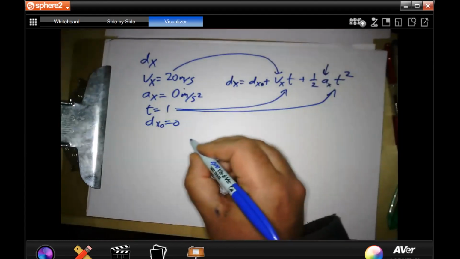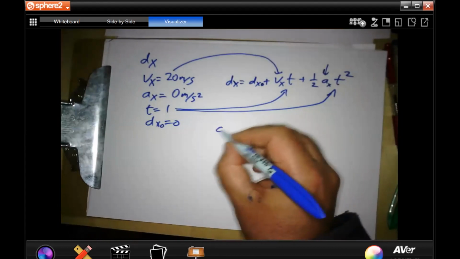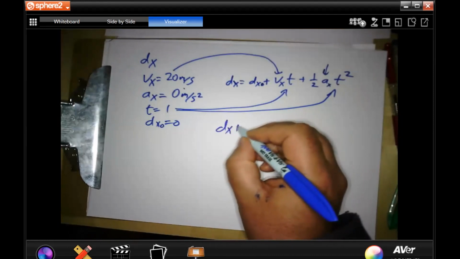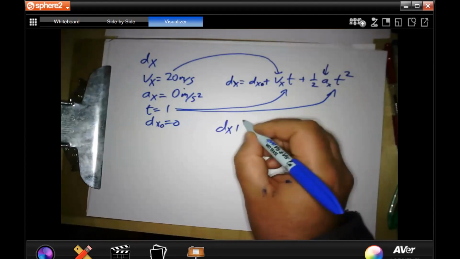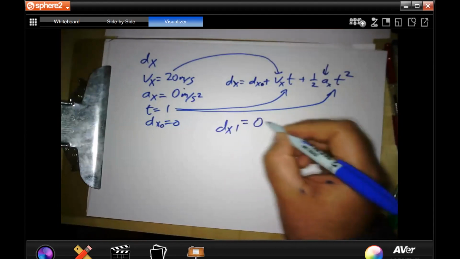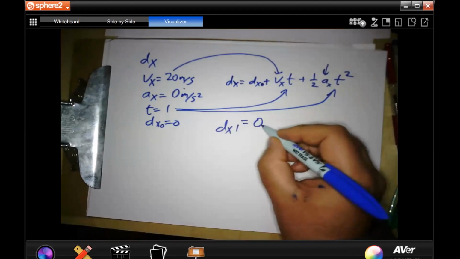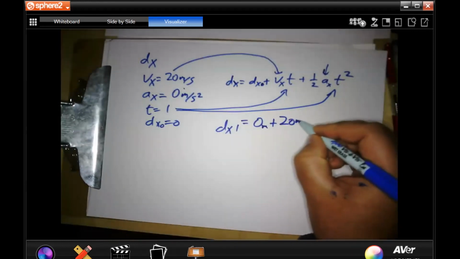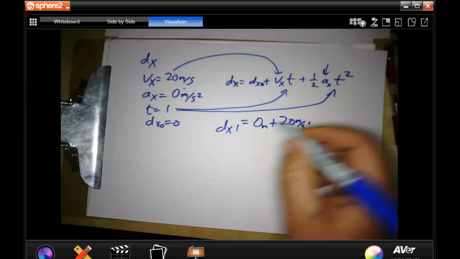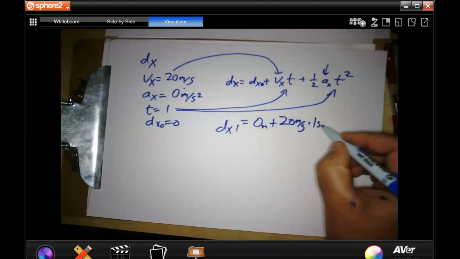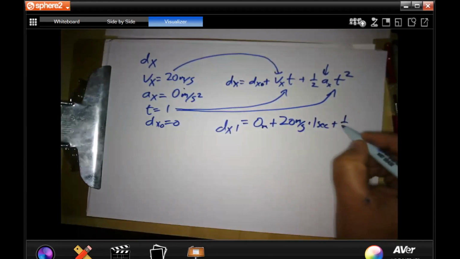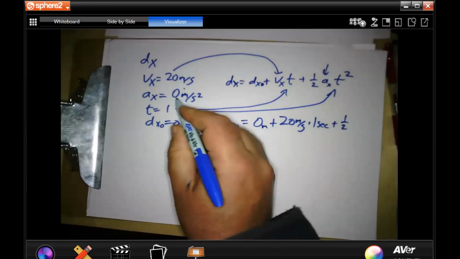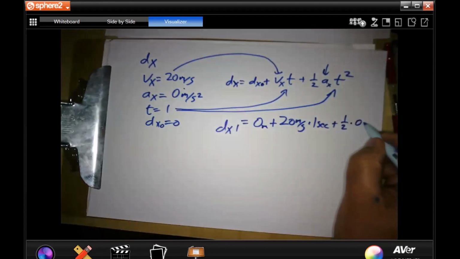So d of x at time 1 equals 0 meters plus 20 meters per second times 1 second plus 1/2 of 0 times 1.